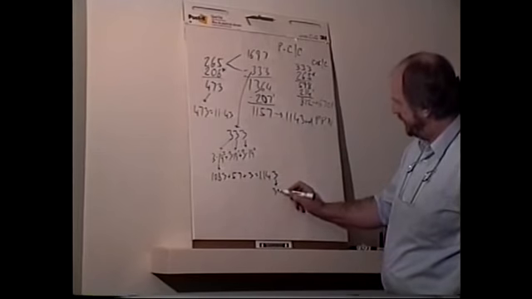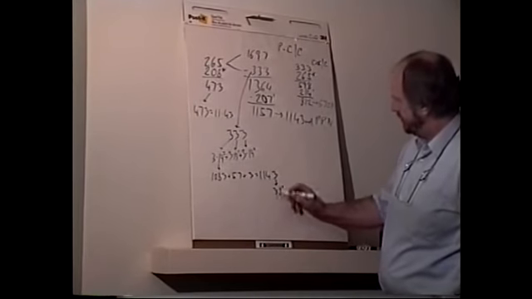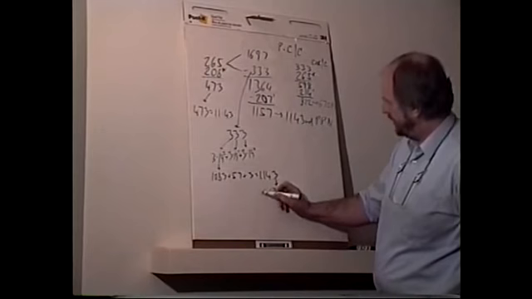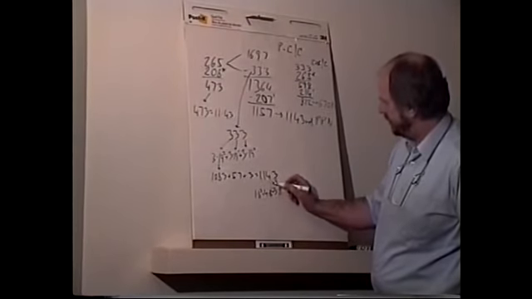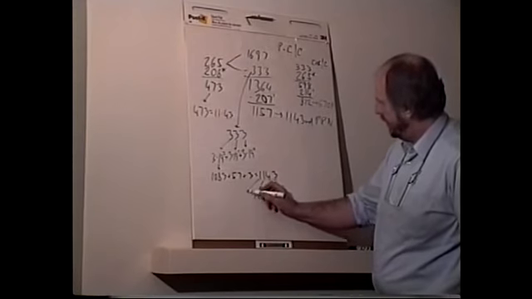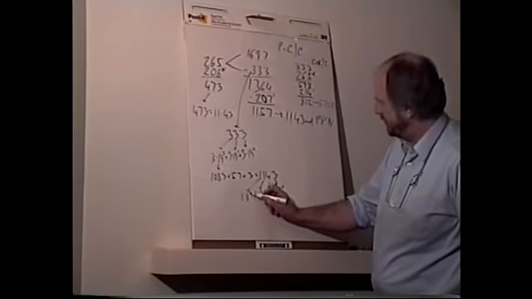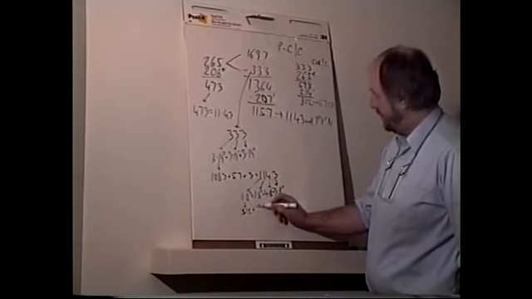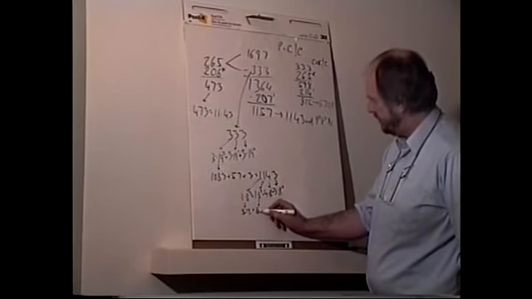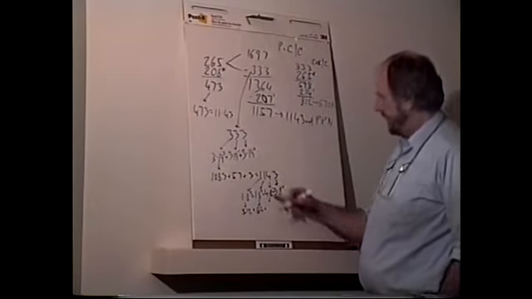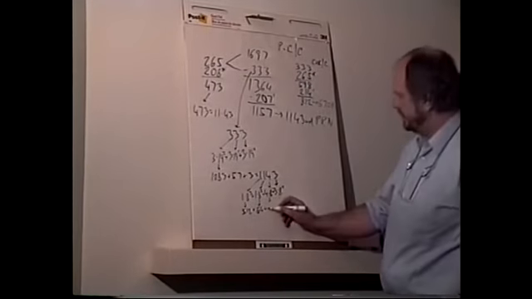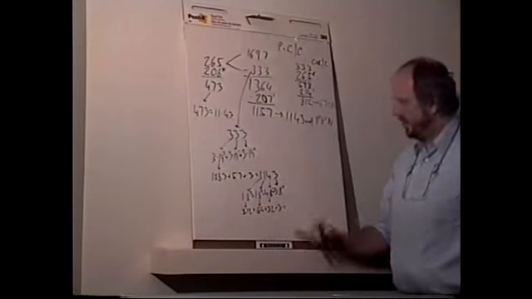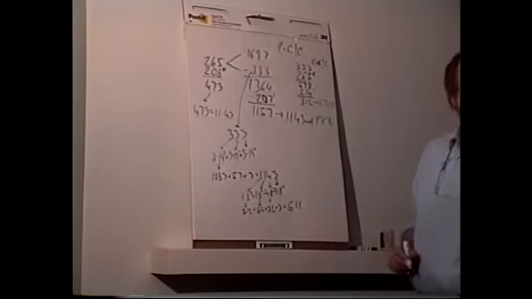I will have 3 times 8 to the 0 plus 4 times 8 to the first power plus 1 times 8 to the second power plus 1 times 8 to the third power. 1 times 8 to the third power is 512 plus 1 times 8 to the second power 64 plus 4 times 8 is 32 plus 3 times 1 is 3. I add them all up, I have 611.